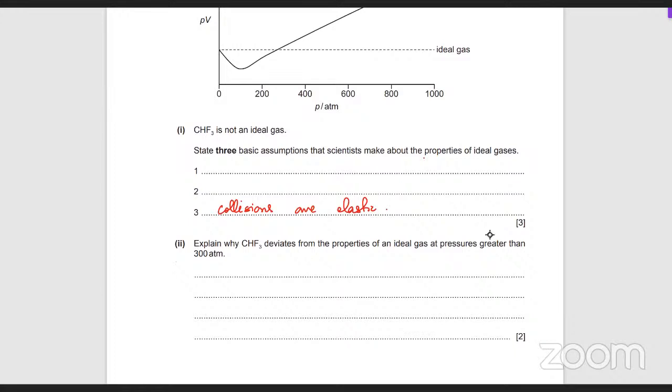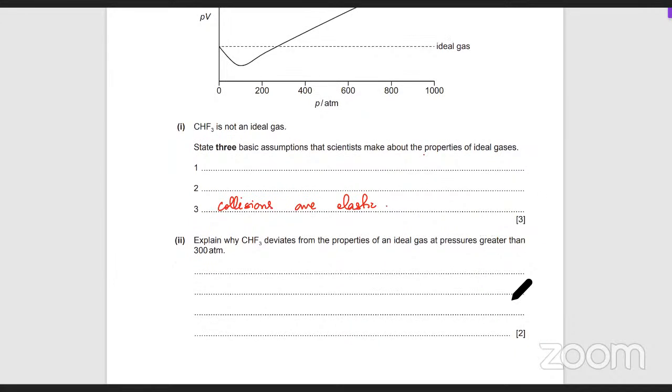Here, explain why it deviates from ideal gas behavior at pressures greater than. So if you increase pressure, why does the gas deviate from ideal gas behavior? So the particles become closer together and then the gas becomes incompressible. The P relationship with the 1/V fails. V no longer decreases. Basically, particle volume is no longer negligible, right?